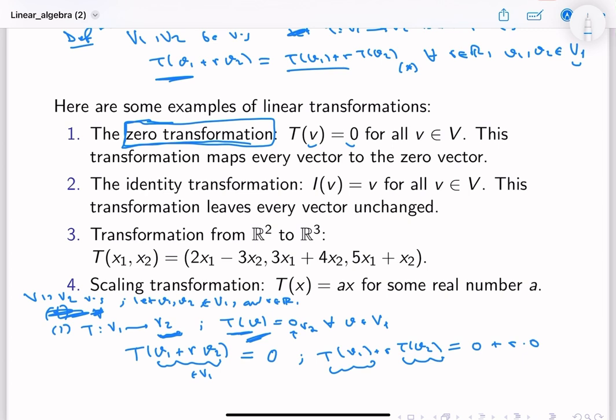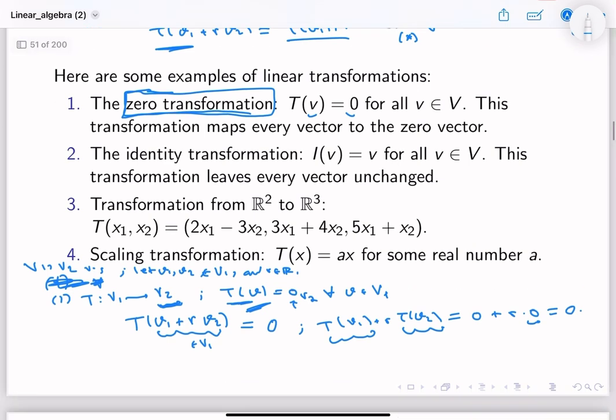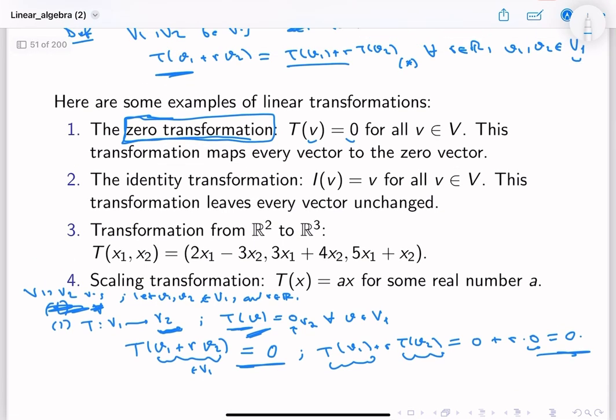But if you scale the 0 vector by a real number, you also get 0. So this is 0 plus 0, and thus the answer is 0. And thus this thing and this thing are equal, and thus property star holds, which makes this a linear transformation.